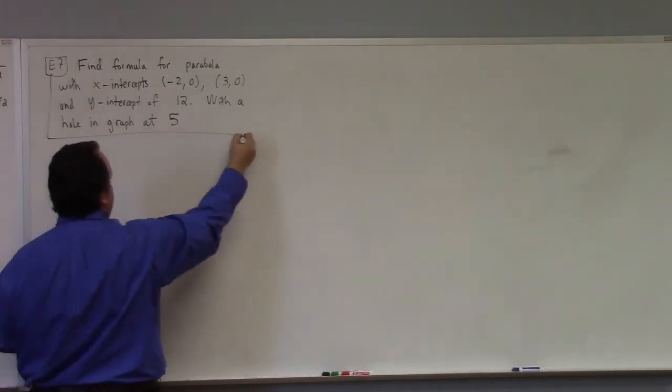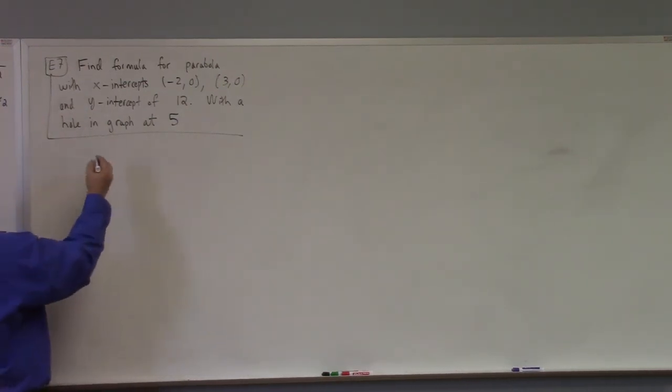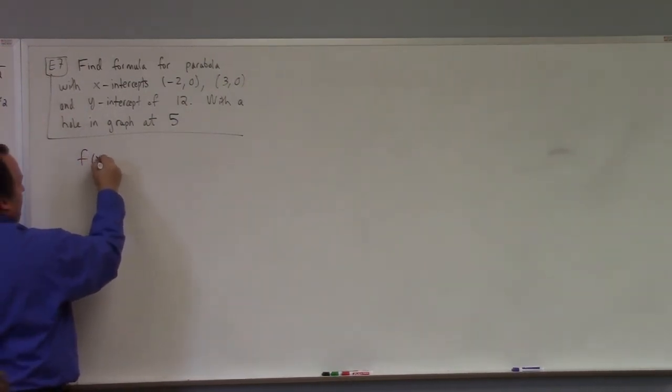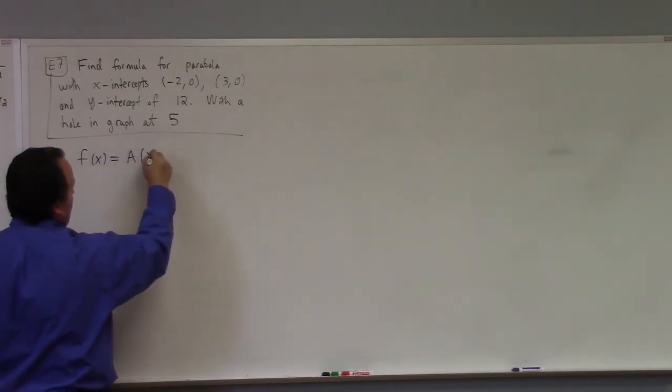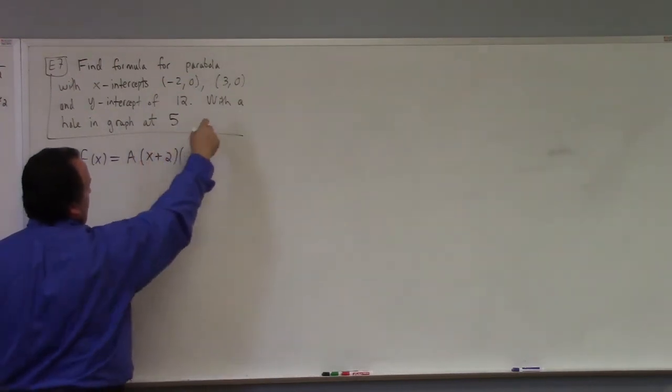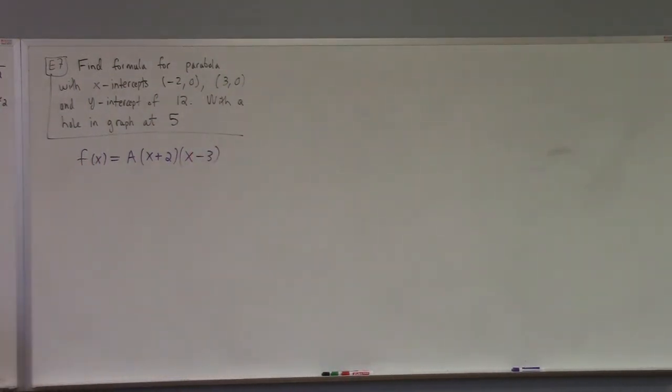Okay, so we're going to start by producing the parabola. So our parabola, like we were doing at the start of today, f of x is a. To get -2, 0, we do x plus 2, right? To get the 3, 0, we do x minus 3. We want a y-intercept of 12, right?